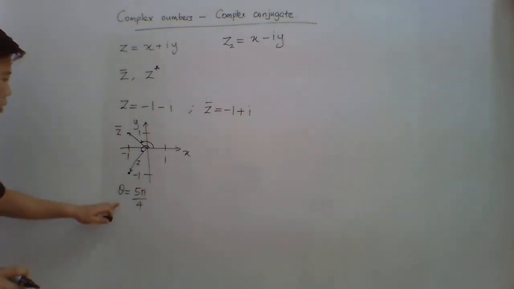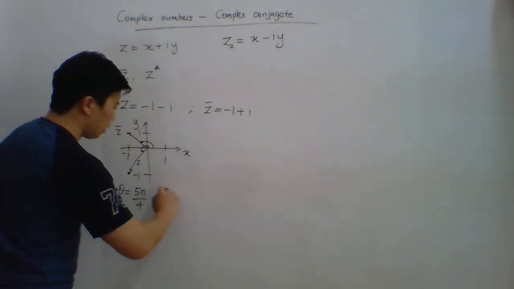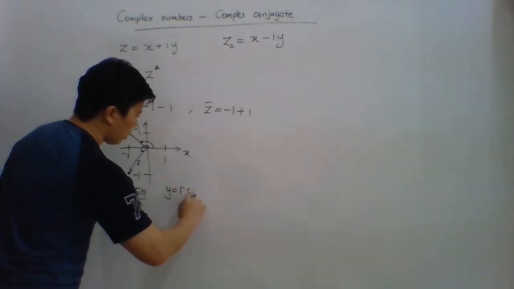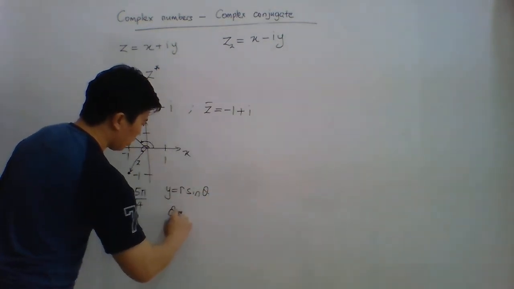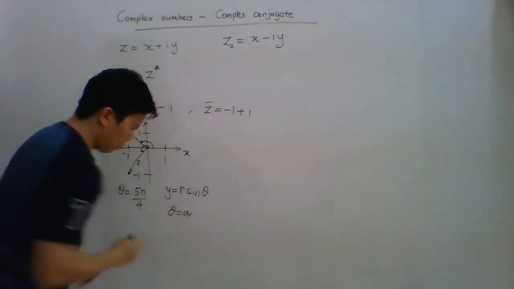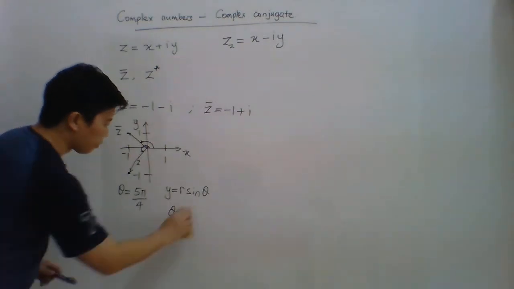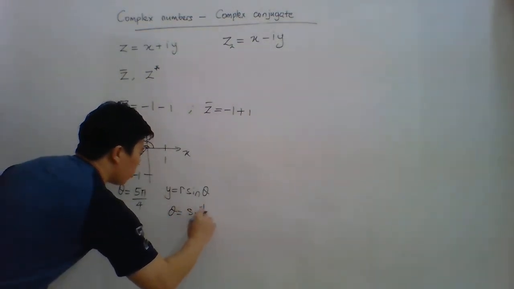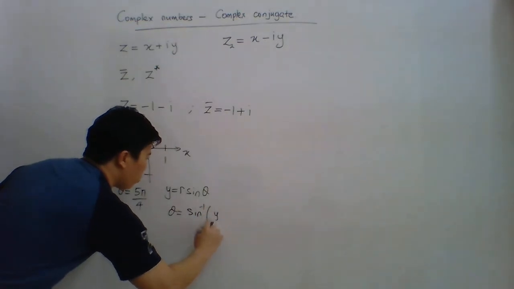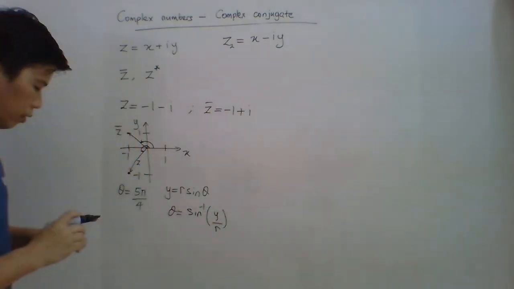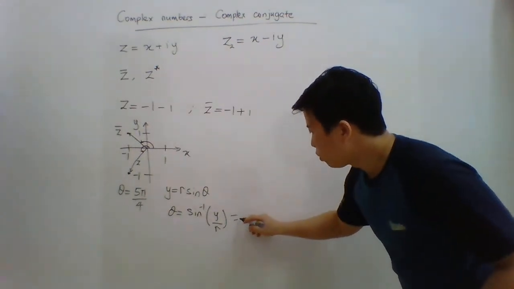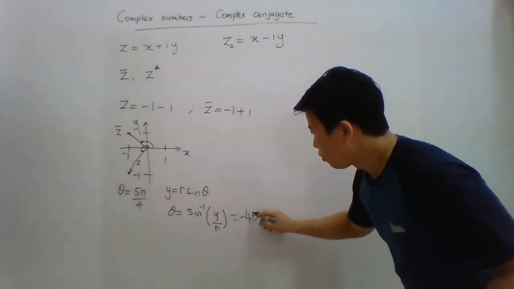Okay, and you can get this by looking at the relation y equals r sine theta, so theta is equal to arc sine of y over r. Here you will get this as equal to negative 45 degrees.